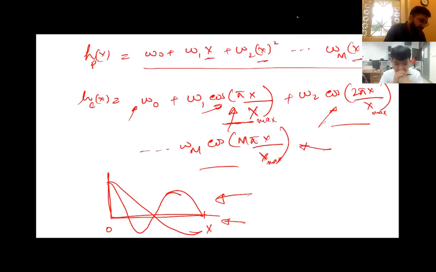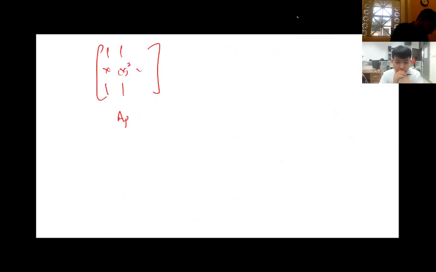So rather than having polynomial bases, where we had x power 0, x power 1, x power 2, and so on, we would have this. I'll call it a cosine basis.